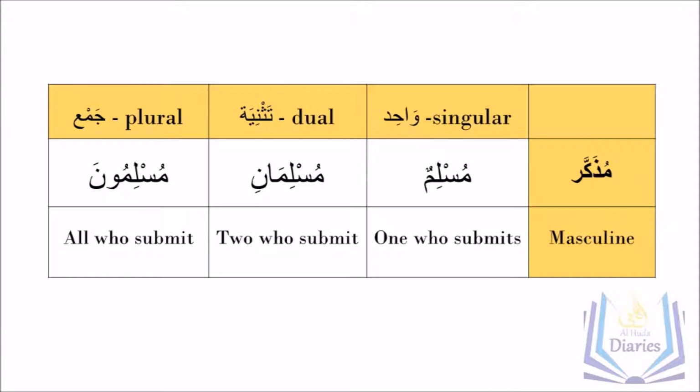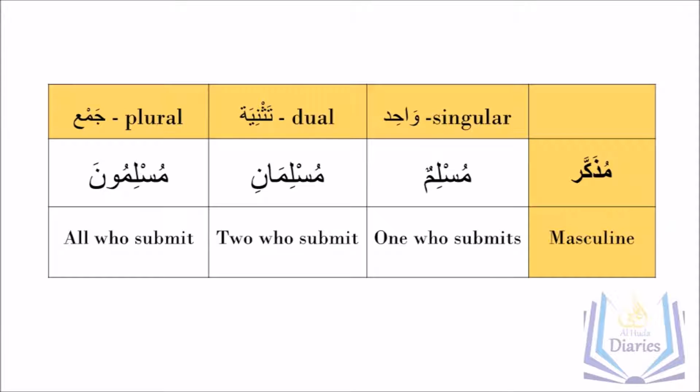So because of this, the muslimun will have a dhammatain. So the wahid mudhakkar is muslimun, and the mudhakkar tasniya form is muslimani. So we see that it gets the case ending of ani, muslimun, muslimani. And the jam mudhakkar is muslimuna, that is, we add the ending waw noon and make it muslimuna.